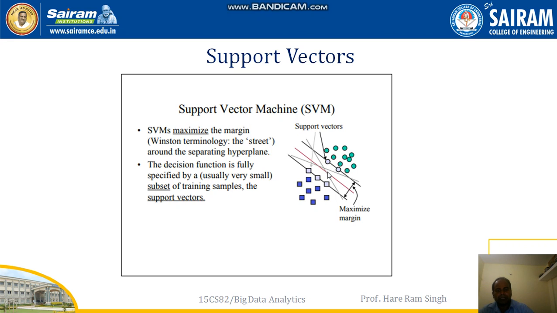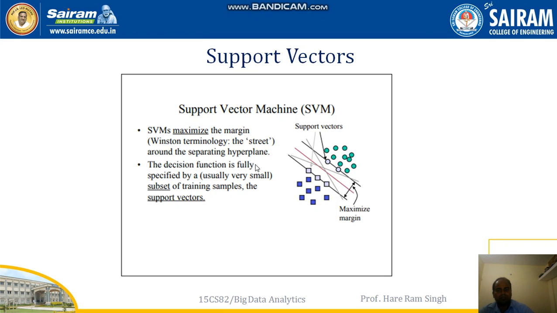Below that we can draw a line on which three data points are touching, and above the hyperplane also a line is drawn which is touching the two circle points. So this will be the maximum margin, and the data points which are touching the two lines are called support vectors. SVM maximizes the margin around the separating hyperplane.